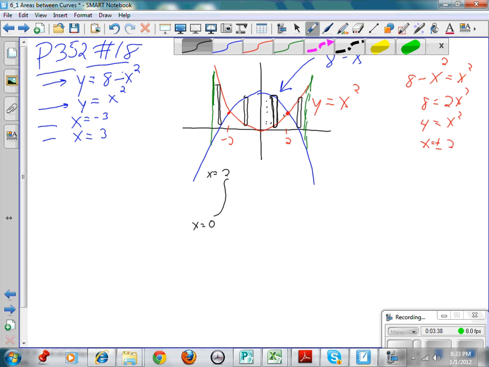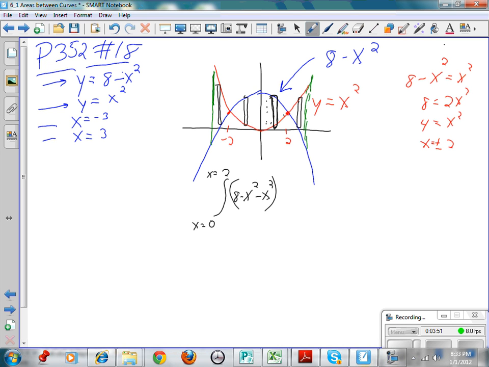Well, that's going to be 8 minus x squared, right? The top part of the curve minus the lower part of the curve here, x squared. Okay, that dx, right? That's going to give me this area here. My rectangles start at 0, and they go to 2.